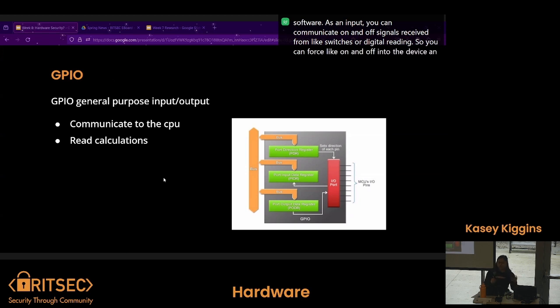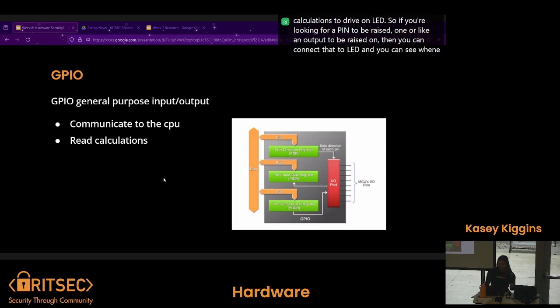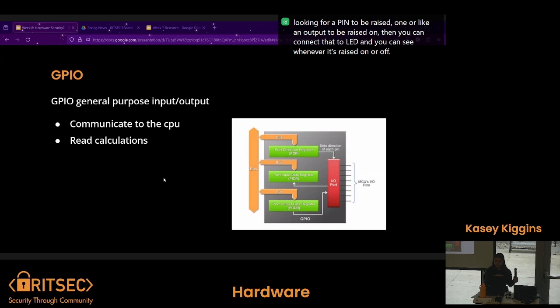For output, you can drive outputs based on operations happening in the CPU, like calculations to drive an LED. So if you're looking for a pin to be raised on, you can connect that to an LED and you can see whenever it's raised on or off. Really cool.